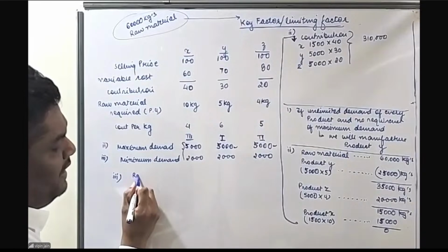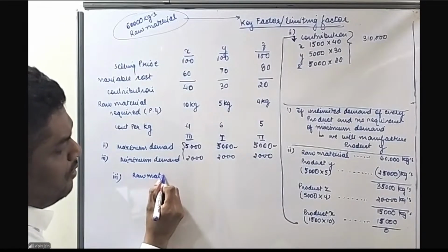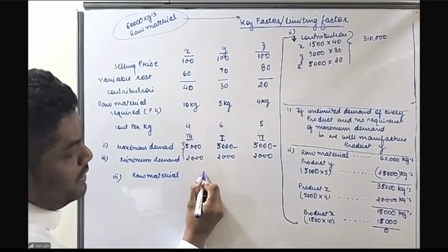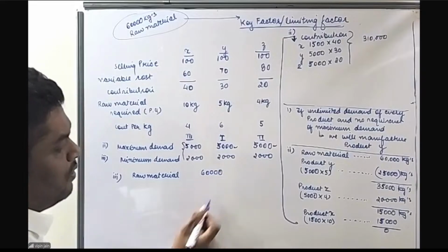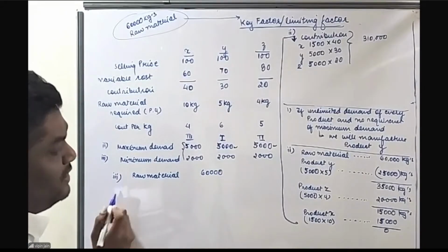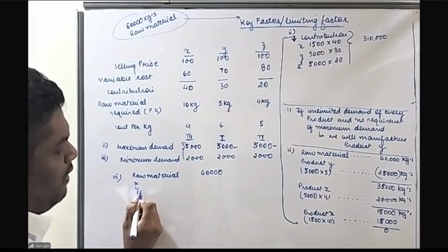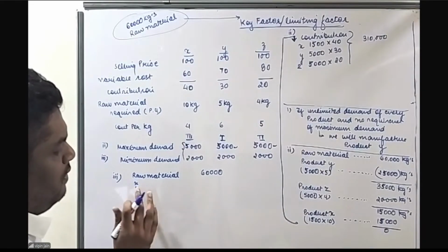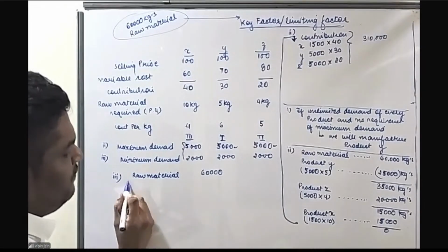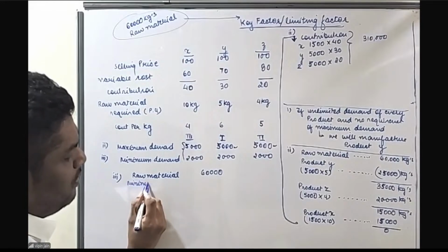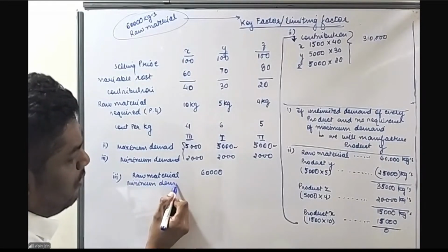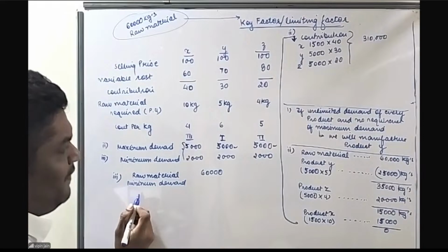My raw material availability is how much? 60,000 kgs. So we'll first fulfill the minimum demand of X, Y, and Z.